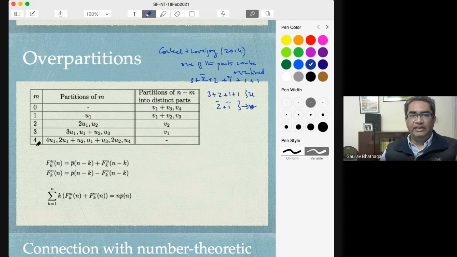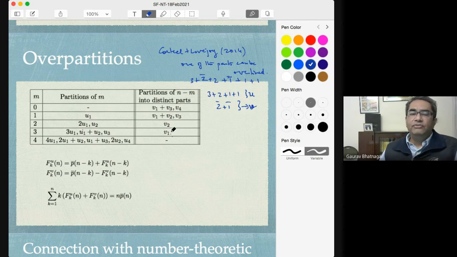So when n is 4, for example, I'm starting with the 0 partition, the empty one, and these are the ordinary partitions. U1, 1 plus 1 is 2 U1, U2. Then add U1 to each of these, insert a U3, and so on. And similarly, I do partitions of n minus m into distinct parts. So I can't do U1 plus U1.